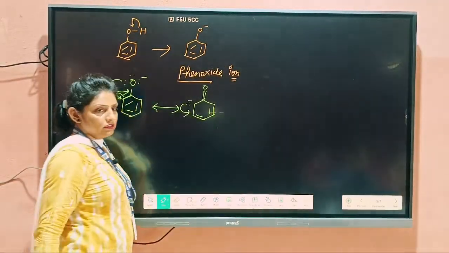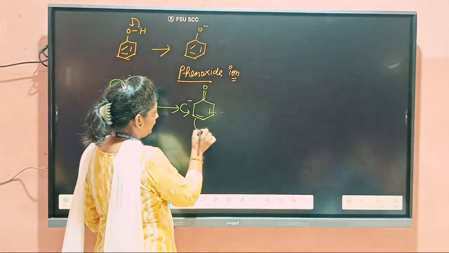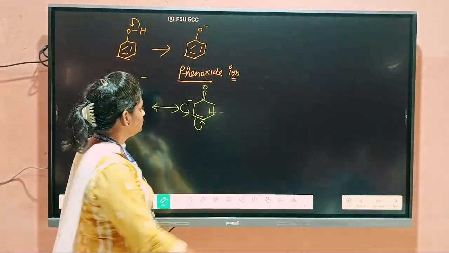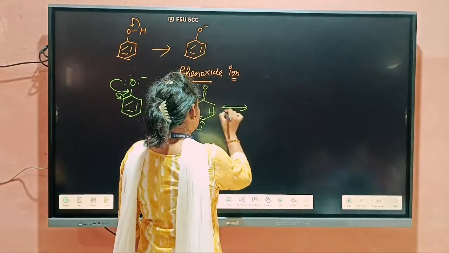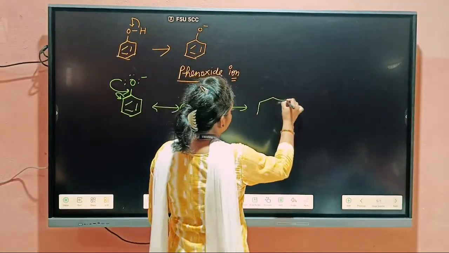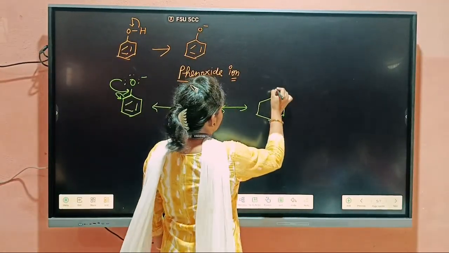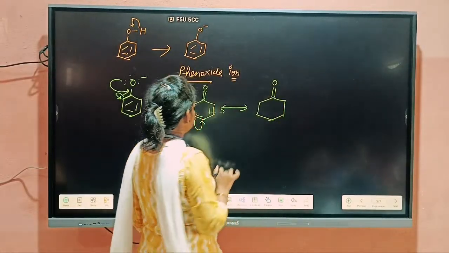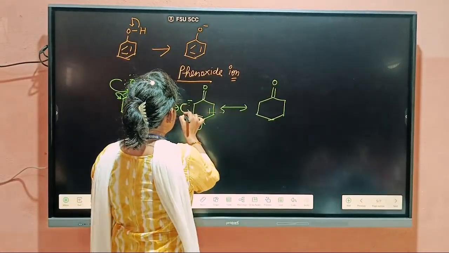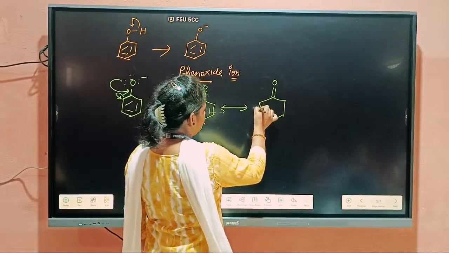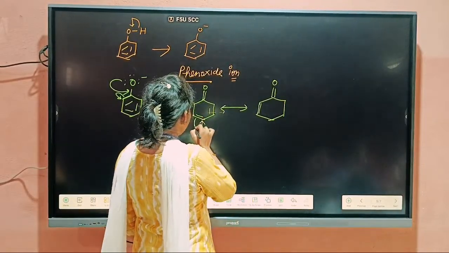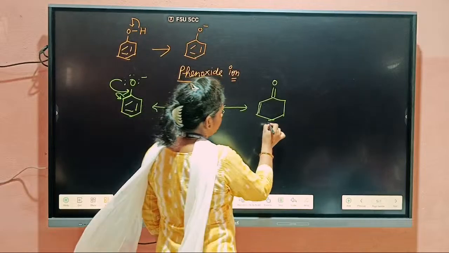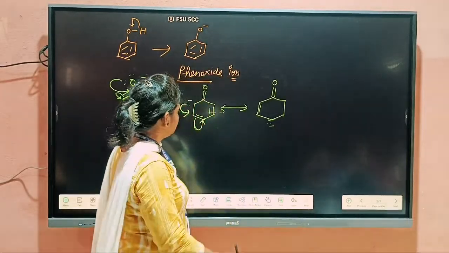Further this will come here and this bond here. Then what will happen? Again we are not making any change here. Here these electrons are shifted, so a double bond forms, and this electron pair shifts here.